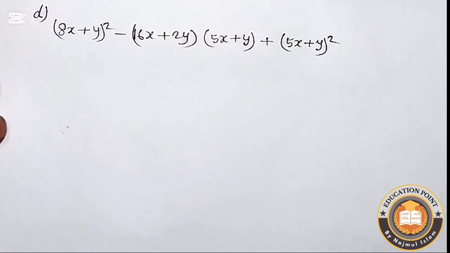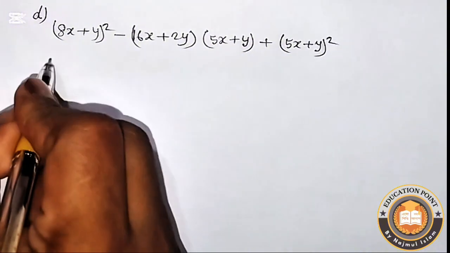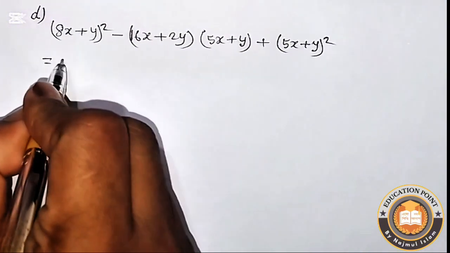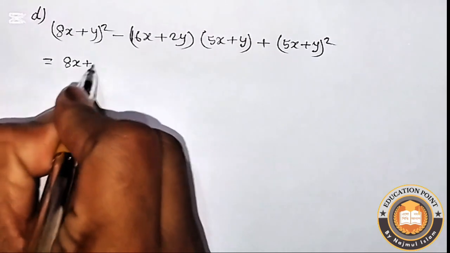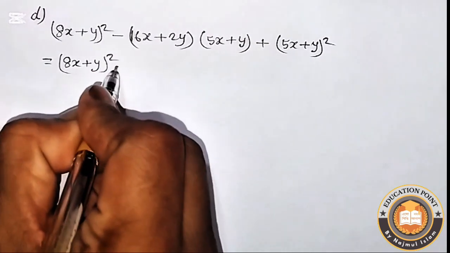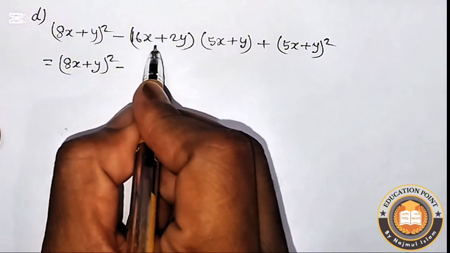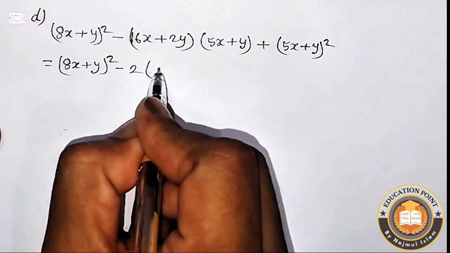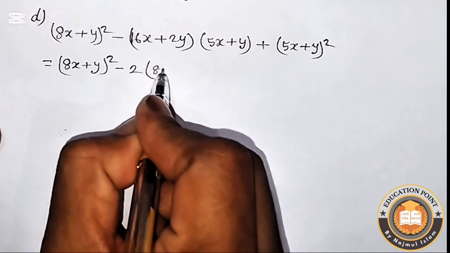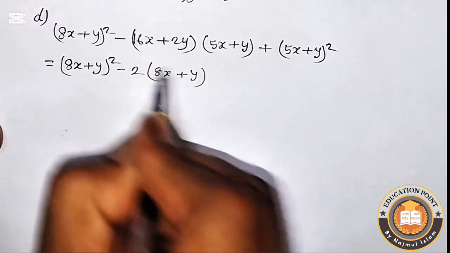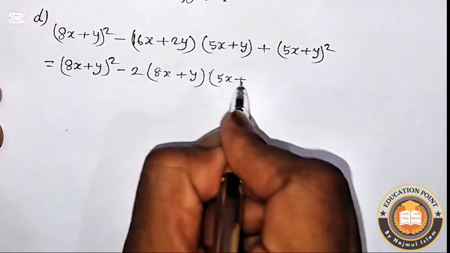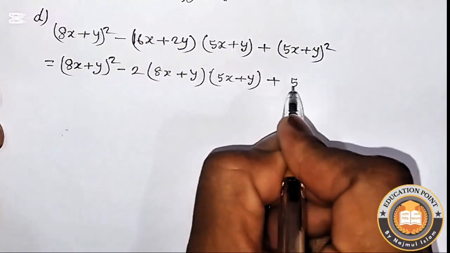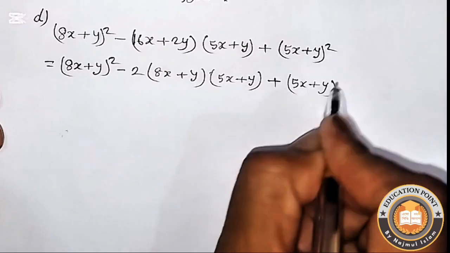Number D, (8x plus y) whole square minus (16x plus 2y) into (5x plus y) plus (5x plus y) whole square. (8x plus y) whole square minus, at first we will taking common value as 2, so we can write inside the first parenthesis 8x plus y into 5x plus y plus (5x plus y) whole square.